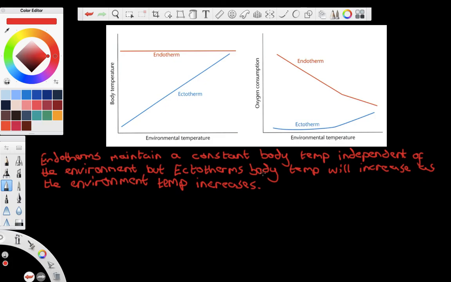Now the second graph shows how oxygen consumption is affected by environmental temperature. You can see that as environmental temperature increases, an endotherm's oxygen consumption decreases. Remember, endotherms require respiration to keep a high body temperature.